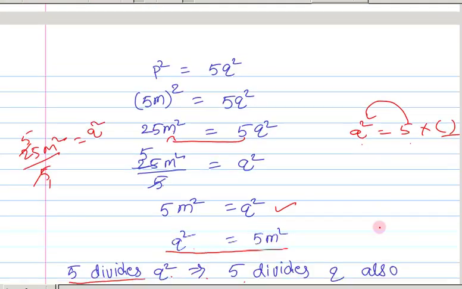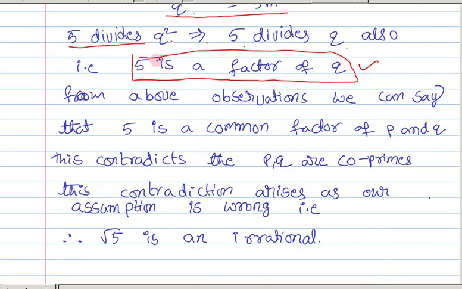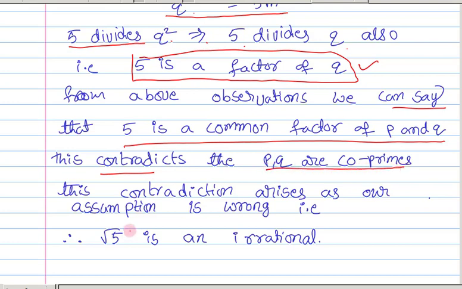That means this contradicts the fact that p and q are co-primes. From the above observation we can say that 5 is a common factor of p and q, which contradicts the fact that p and q are co-primes.